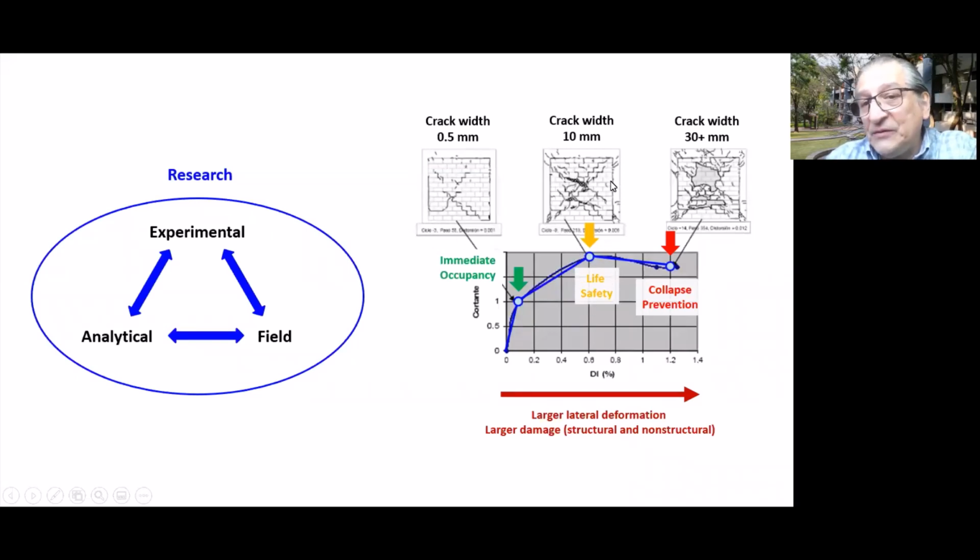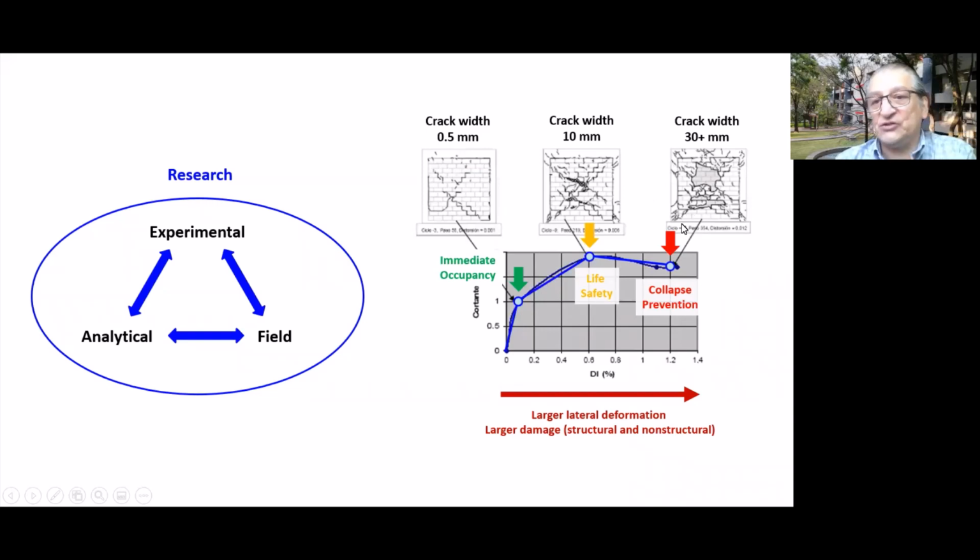Life safety implies a larger level of damage, but we can guarantee the safety of the people that occupy the structure. And collapse prevention implies much more damage, but the structure does not lose the capability of carrying its gravitational loads.